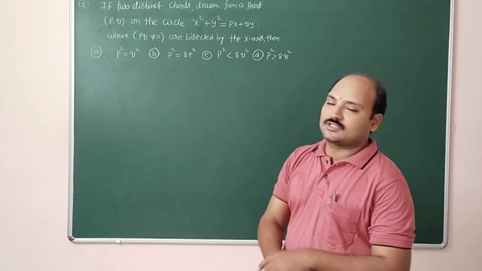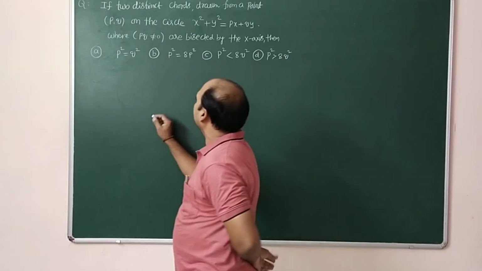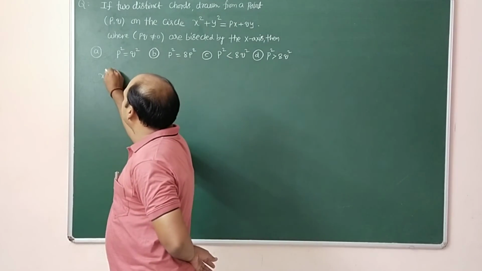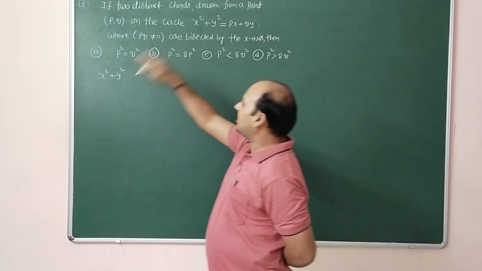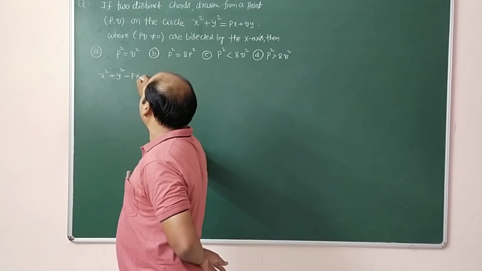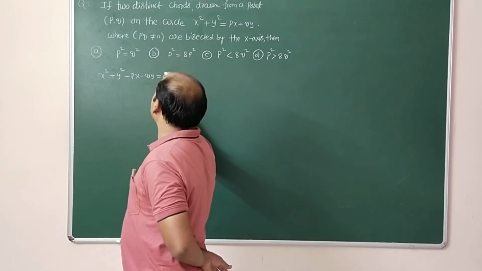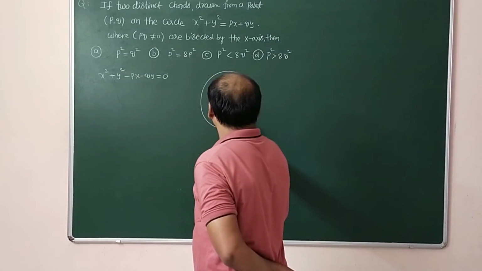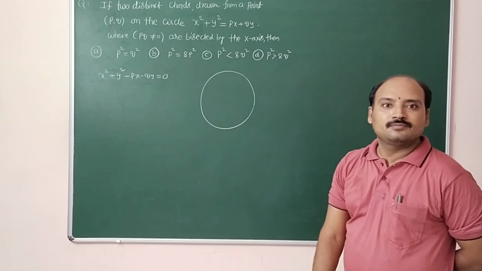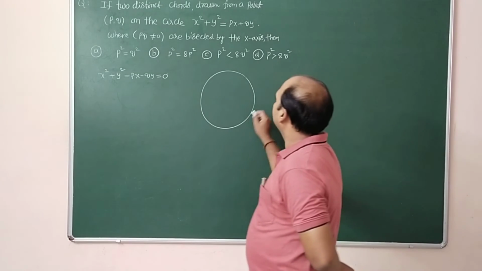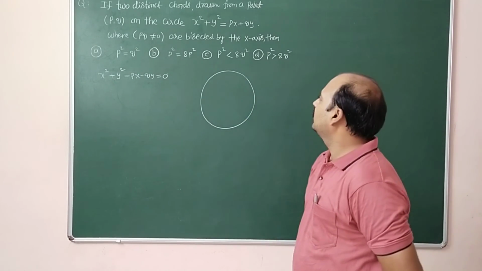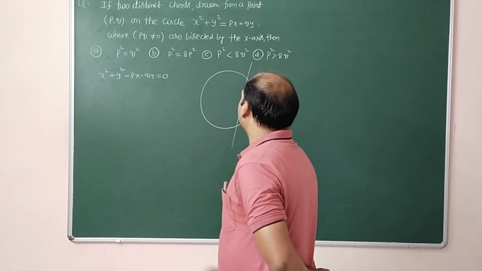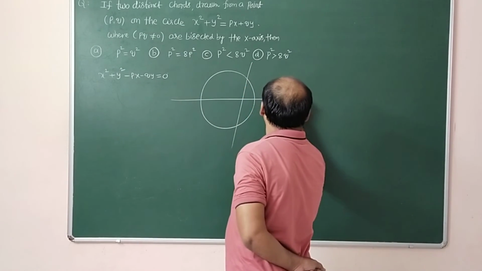So two distinct chords, if we take only one chord first. Given the circle x² + y² = px + qy, I am taking this side: x² + y² − px − qy = 0. This is the circle, and this is the x-axis.